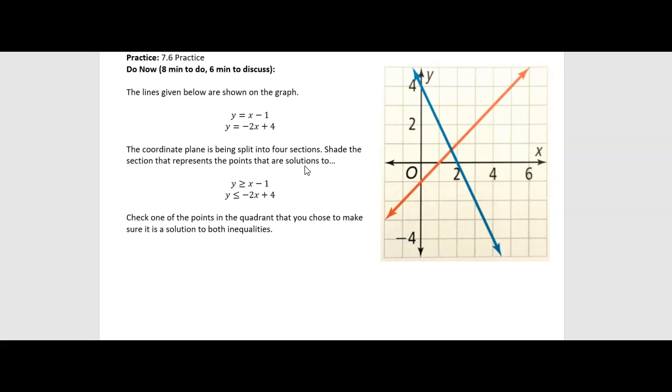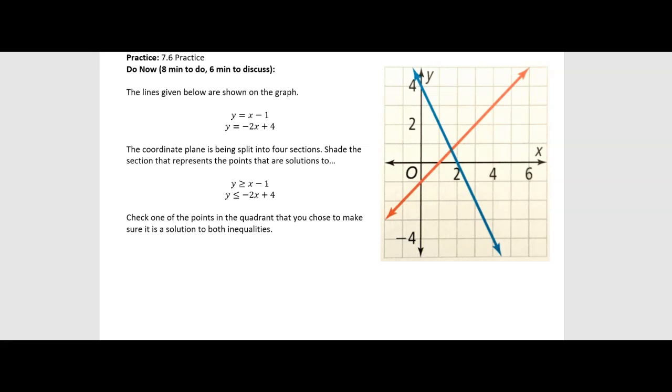If we think back to two variable inequalities, when we graph them, we have a boundary line that separates the solutions from the non-solutions. They've changed these equations to inequalities, so y is greater than or equal to x minus 1, and y is less than or equal to negative 2x plus 4.